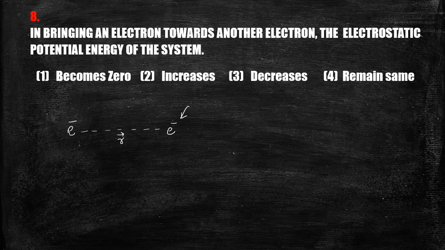Therefore, work done in bringing the electron to this position, W is equal to Q into V of r. This Q is the electron charge, that is e, into V of r. V of r is the potential at position r due to the first electron, that is 1 by 4 pi epsilon 0 into e divided by r.